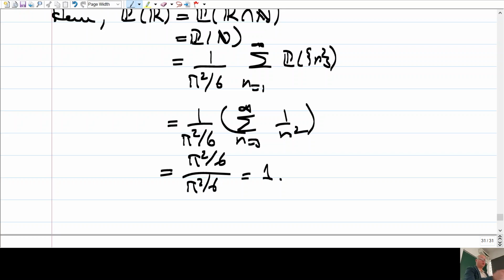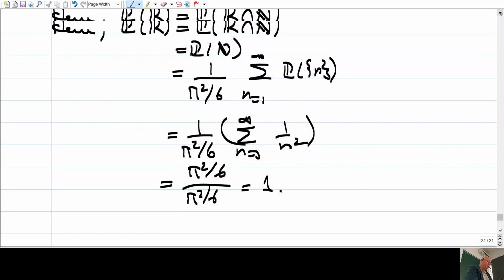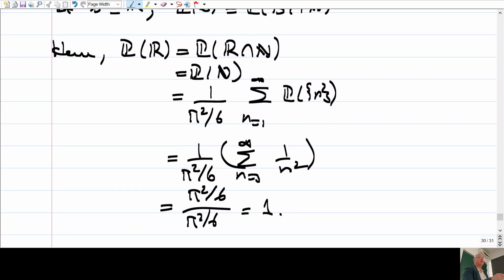Although your sample space is uncountable, only a countable subset of elements have positive measure. All other subsets or elements have measure 0, right?